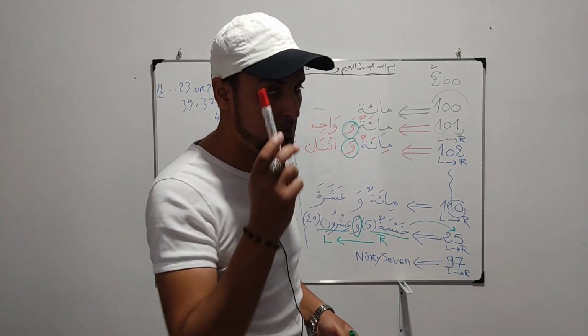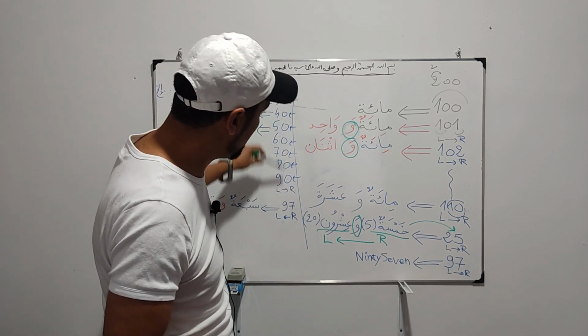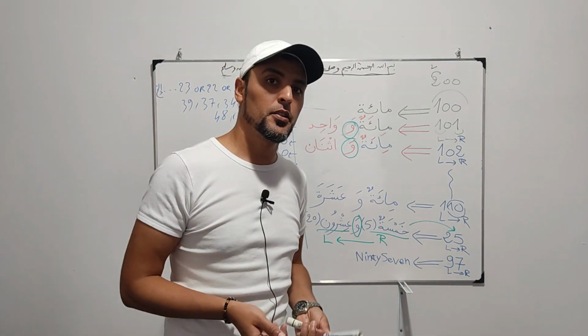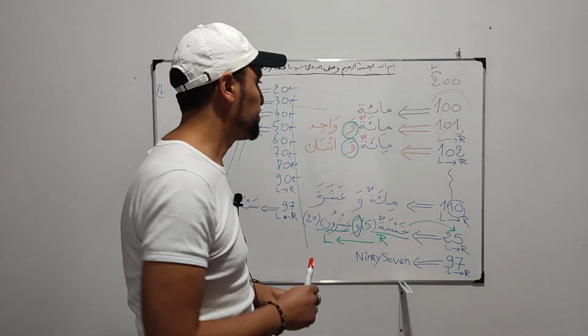Okay, so remember this, please. From 20 to 90, any number you add to this order, you start and spell it from right to left. Remember this, okay?